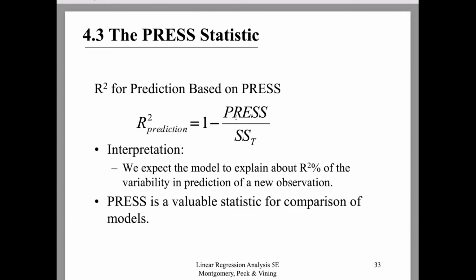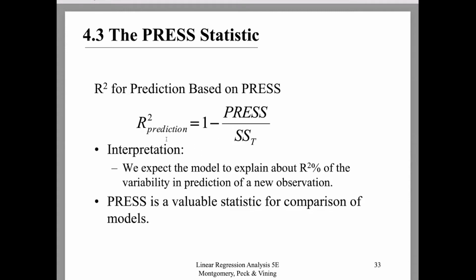In the book and the slides, they denote that by SS subscripted with a T. In other books, you'll see that abbreviated as TSS. However you denote it, the denominator here is the total sum of squares in the response.